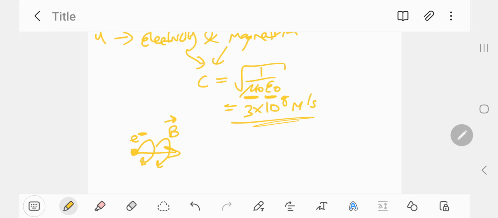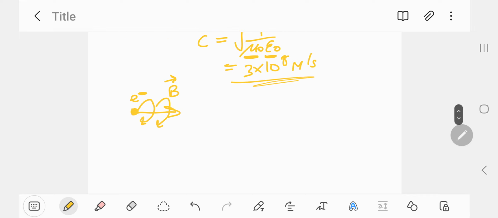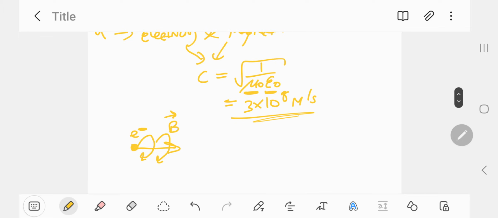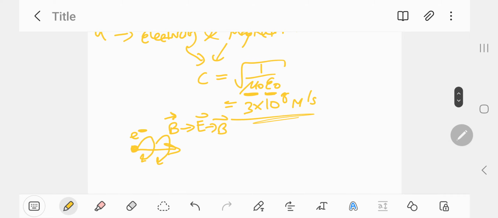Okay, it's got a direction. And this magnetic field in turn can create an electric field. Okay, an electric field can create a magnetic field. This is all mathematical, and this is also provable in practice in the lab. This happens at the speed of light.